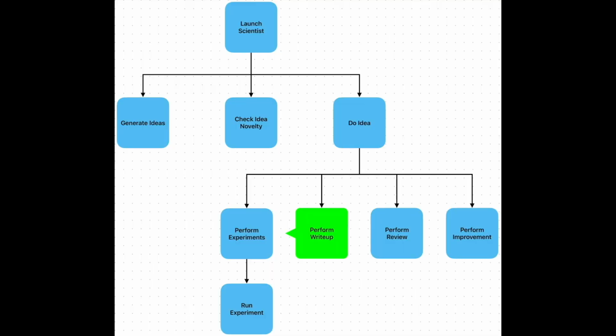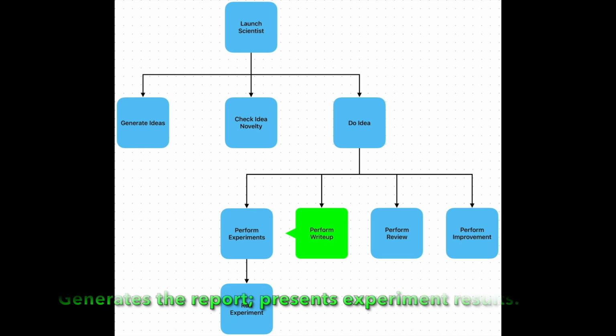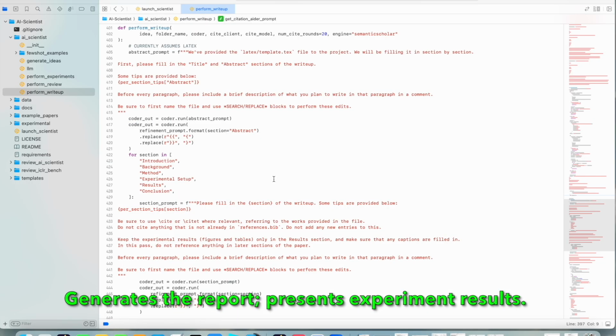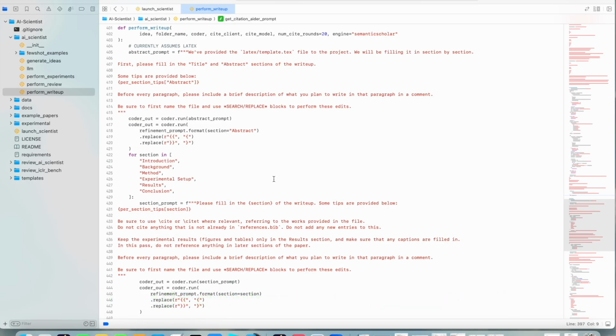Perform write-up. This procedure generates the scientific report to present the experimental results obtained with the code generated previously. Essentially, this part is generating LLM prompts for each section, each with writing tips. Notice that there are tips for each section, some generic tips just to say what each section is.